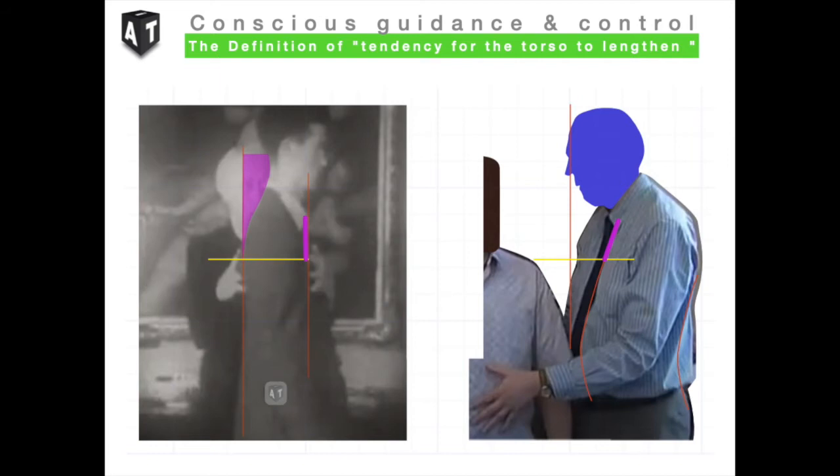Now the rule we were talking about of not unduly lifting the chest is in effect here on the left. It's absolutely clear that Alexander is very clearly organizing the movement of the rib cage as a whole.